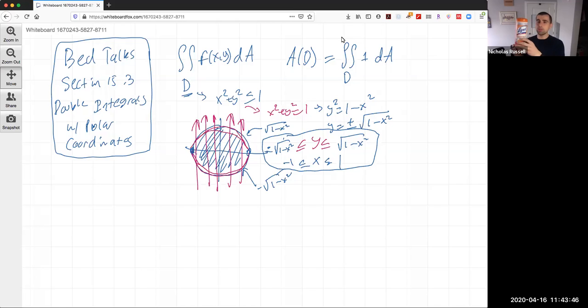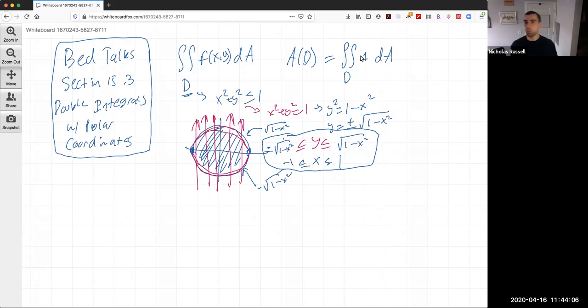Well, the volume of this, would you agree, is just the area of the base times the height. Let's assume the height is 1. Well, that would just be the area of the base times 1, so it would just be the area of the base. So that's why if the function height f of x, y is 1, it actually tells me the area of the base.